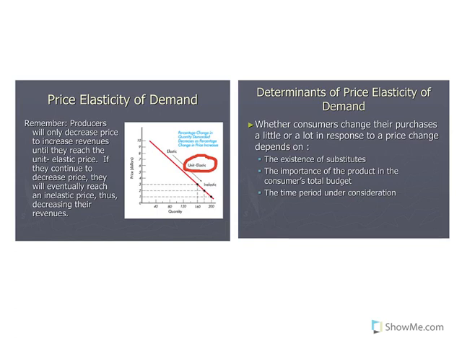Number 1 is going to be the existence of substitutes in the market. In other words, the more substitutes that you have as a consumer, the more elastic your demand becomes. Because if the price of a good increases, you can easily not buy that good and buy something else instead. So think about something like gasoline. Gasoline does not have a lot of substitutes.